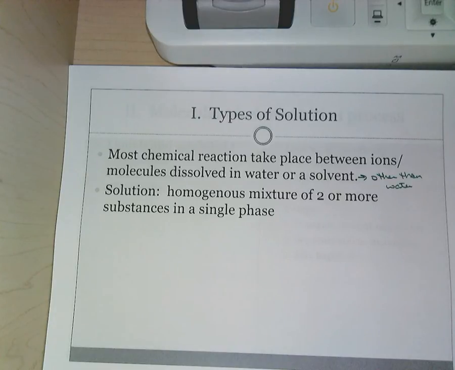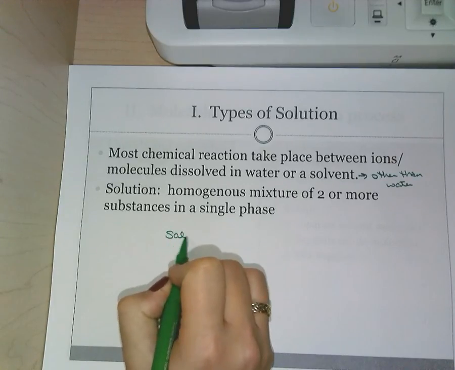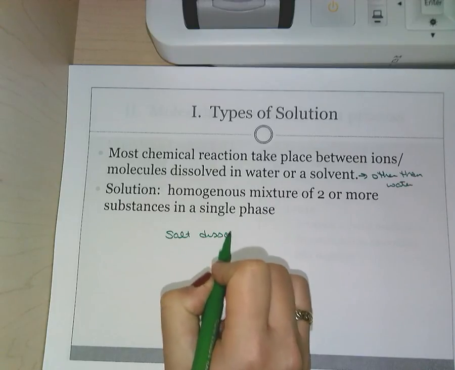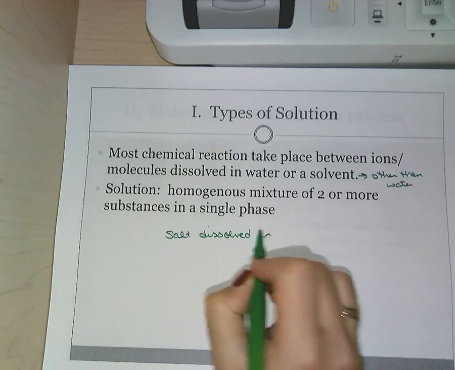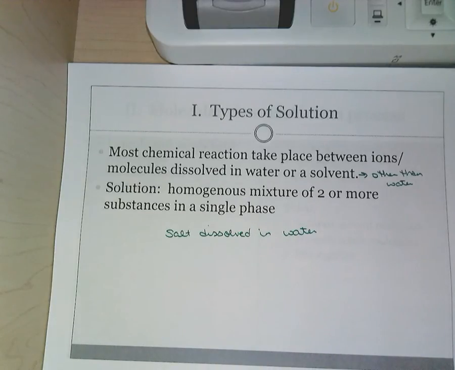A solution is a homogeneous mixture of two or more substances, all of which have to be in the same phase. So you could have salt dissolved in water, and now they're all in the same phase, right? You have aqueous salt dissolved in water, so they're all in the same phase.